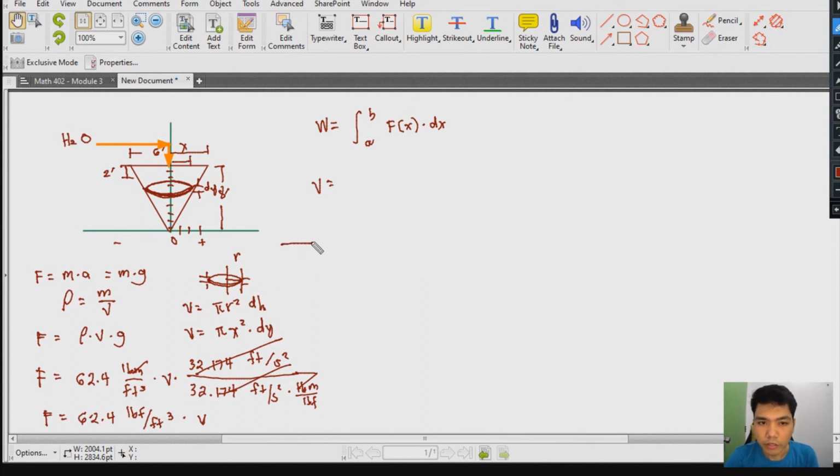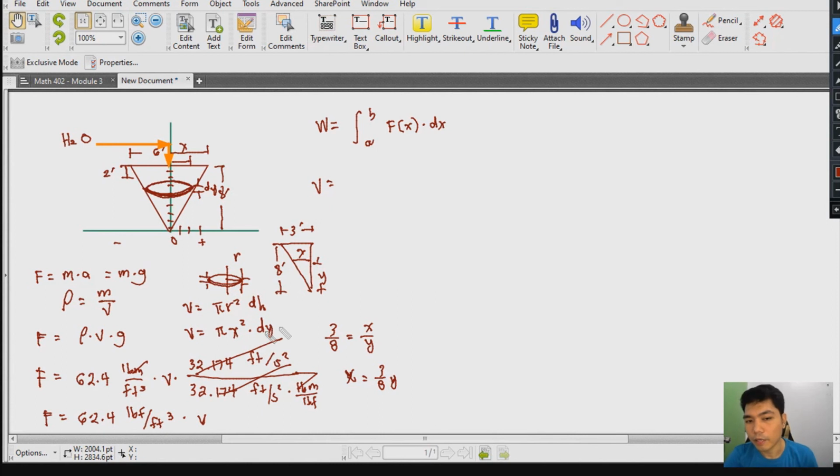From the figure, you can see that this one is 3 feet and this one is 8. But of course, any value here would be x, and this one would be just y. So therefore, 3 over 8 is equal to x over y, and therefore x would always be equal to 3/8 y. I use x in terms of y because we have dy here.